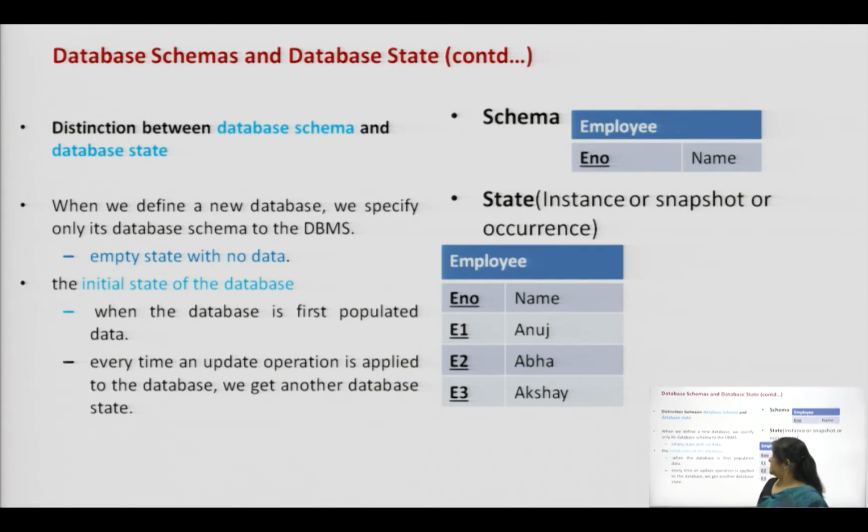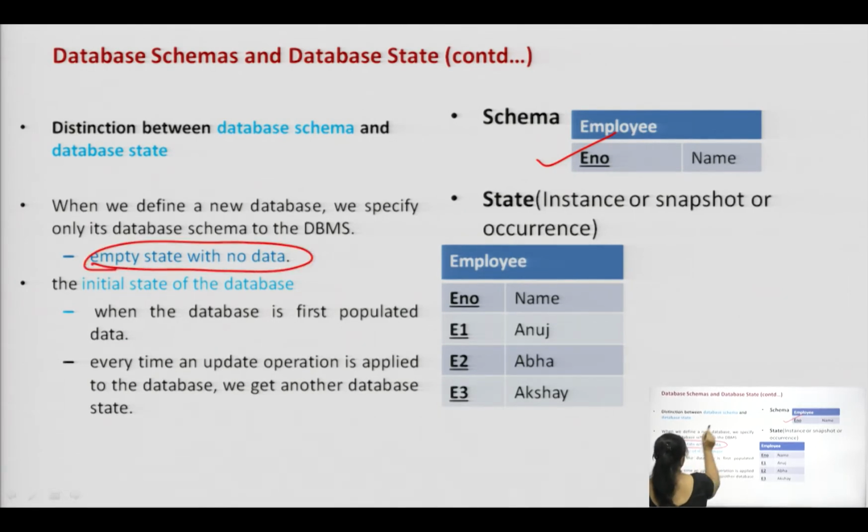Again, this is just the difference between the schema and the state. So, this is the schema, only the empty structure with no values over there. So, we can say a schema is an empty state with no data, and it is the initial state of the database when no data has been entered.